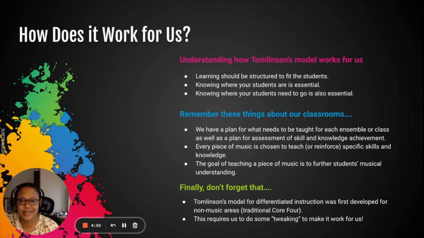We've all been through this training over and over again, I'm pretty sure, but I did think it was worth a few minutes to unpack Tomlinson's model so that we can understand how to rebuild it for us.